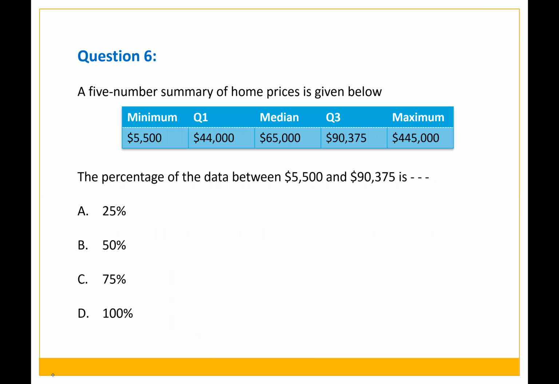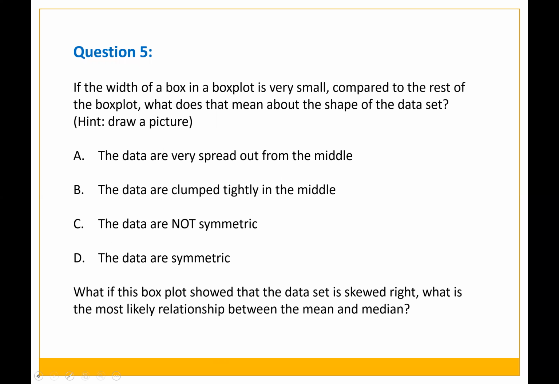Now let's go to question 5. If the width of the box in the box plot is very small compared to the rest of the box plot, what does it mean about the shape of the data set? So the width of the box in the box plot is very small.